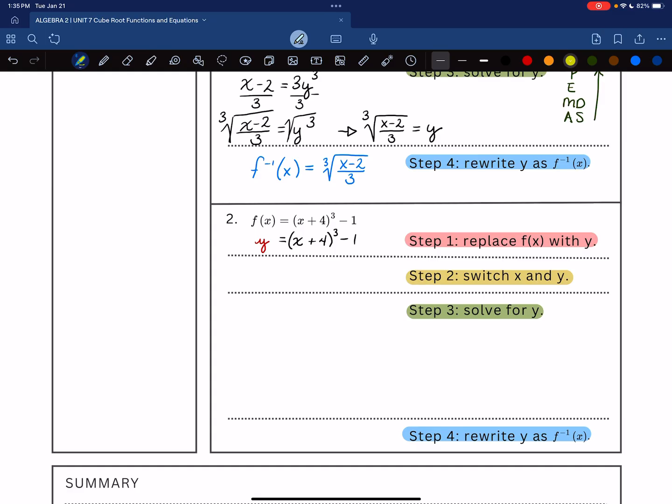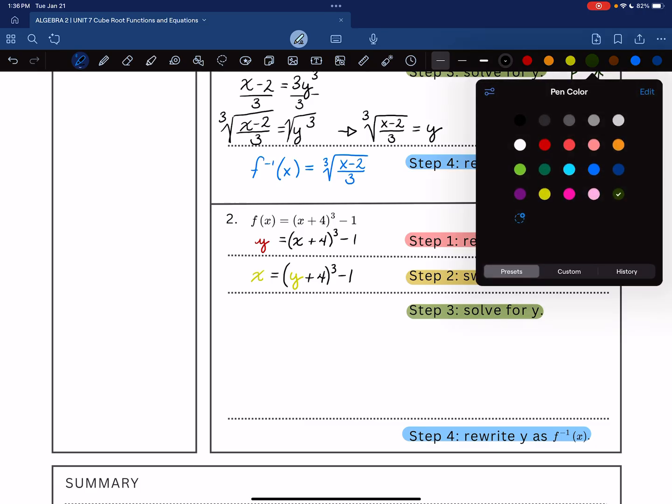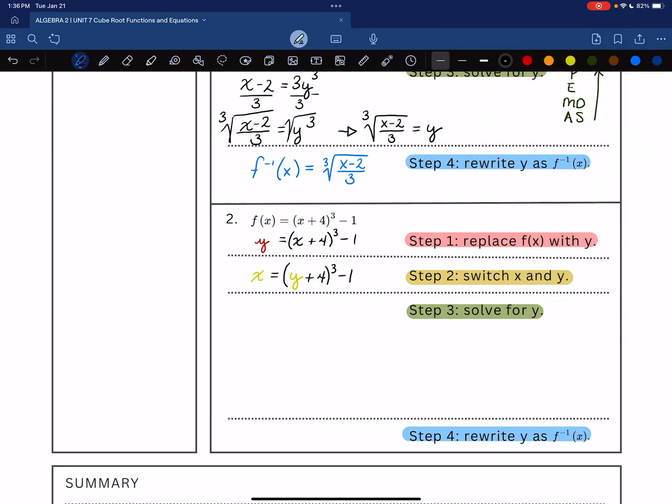So this is now an x, and this is a y. And then we start the process of solving for y. So I'm going to want to add 1 on each side. I'm doing first adding and subtracting.